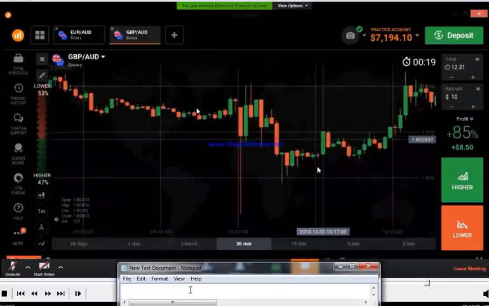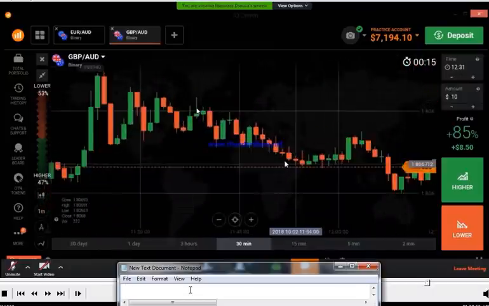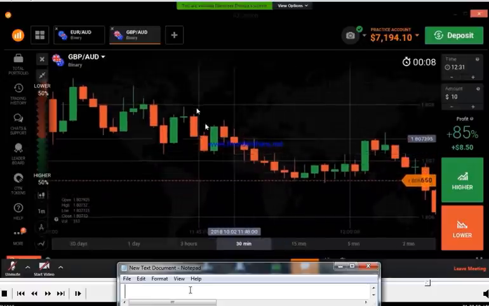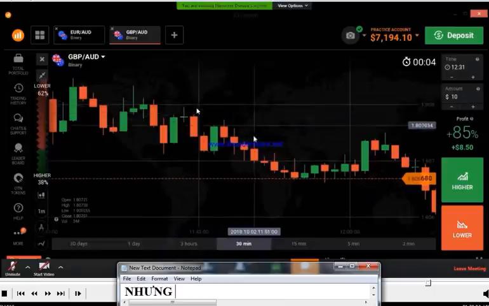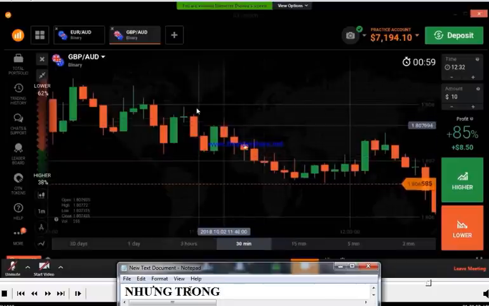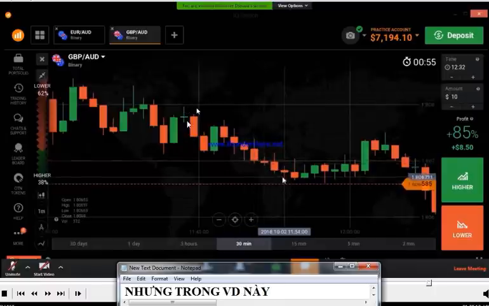Spinning tops will continue the market. It will not reverse the market sometimes, but it depends upon the situation. It works as a continuation here because of this strong bearish movement. This is a very strong bearish movement. After the bearish movement, it works as a continuation.